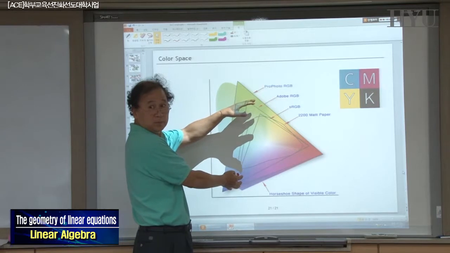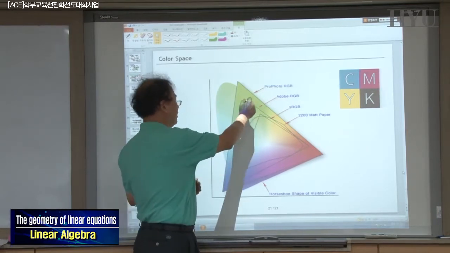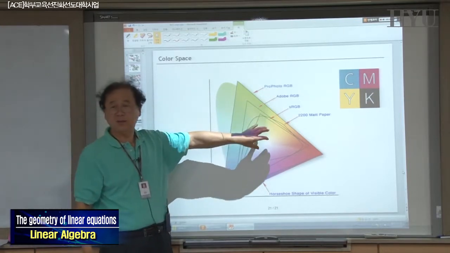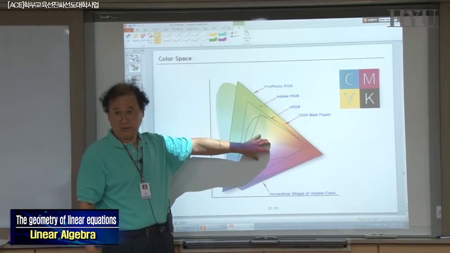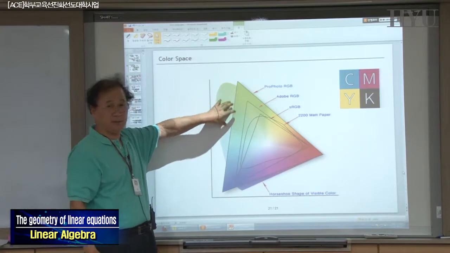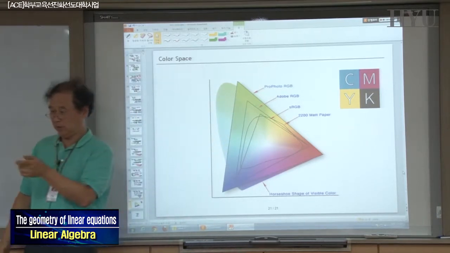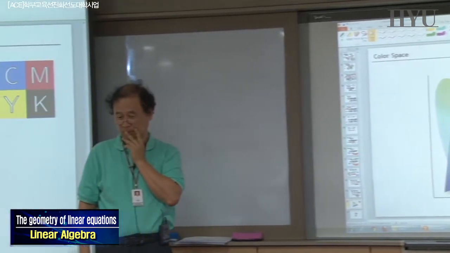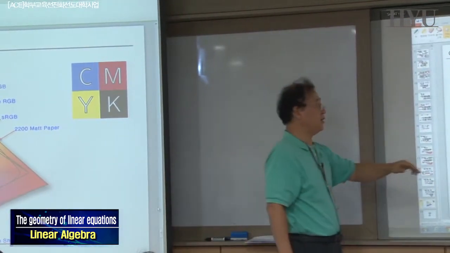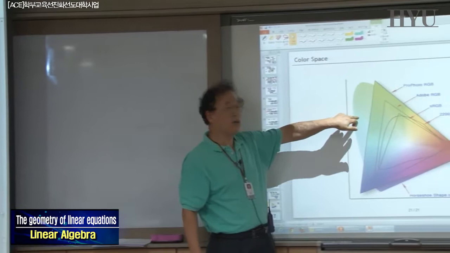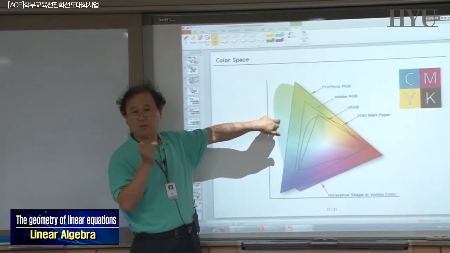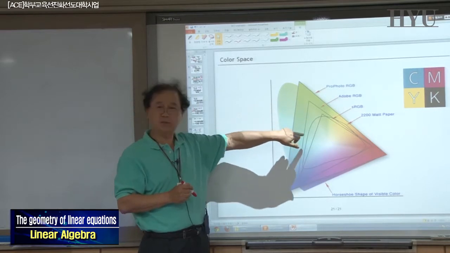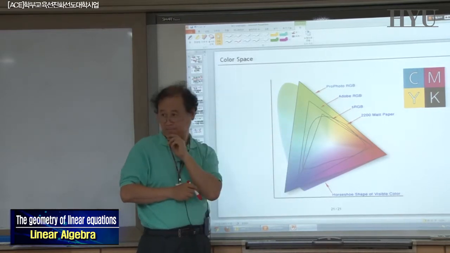Okay, but still, only by linear combination, you can represent points within the triangle. What happens outside? Whatever this color actually was, this is a point which you can visually see, but no way to present in a video camera.